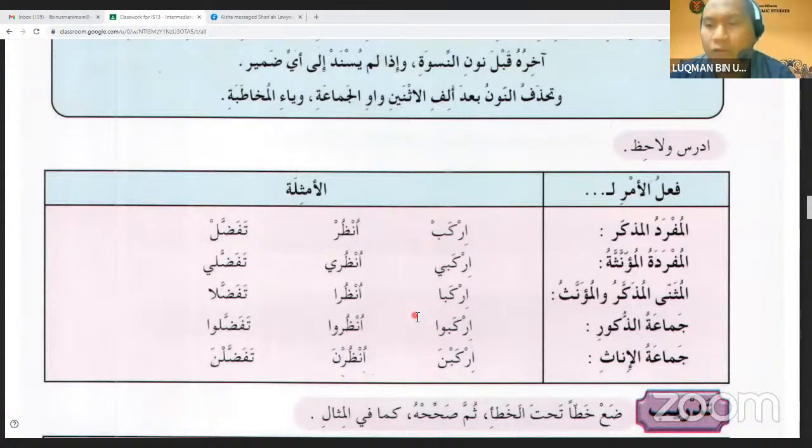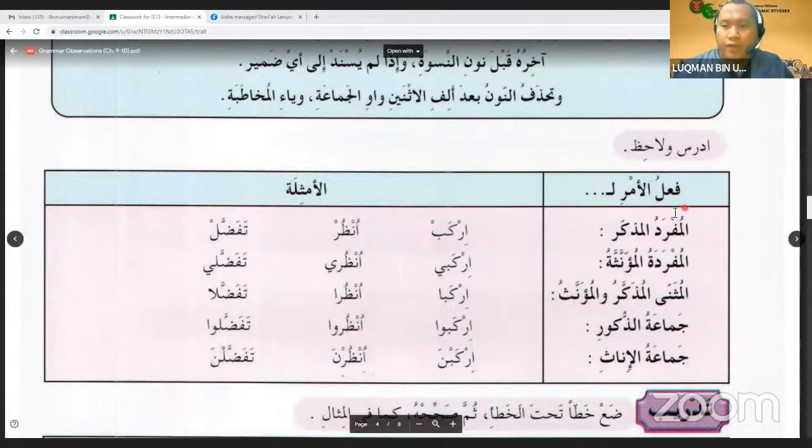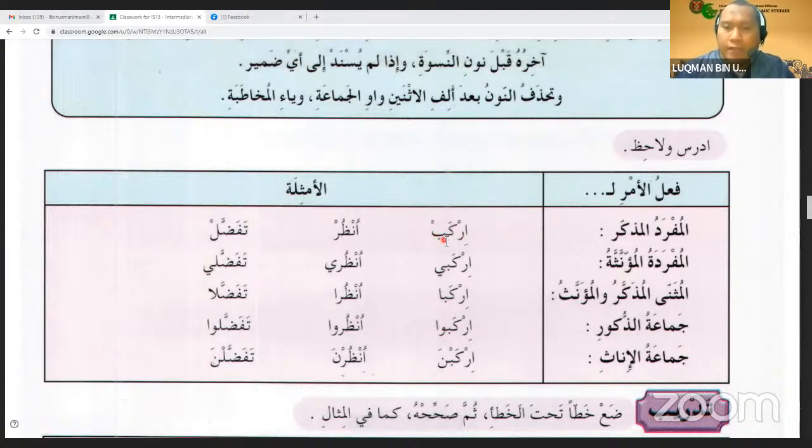Udrus walahid, study and observe. فعل الأمر للمفرد المذكر. This is the imperative tense of the verb for singular masculine. Here, irkab, ride, sumakay ka, irkab. So you're talking with a singular masculine. Unzor, look, tingnan mo.